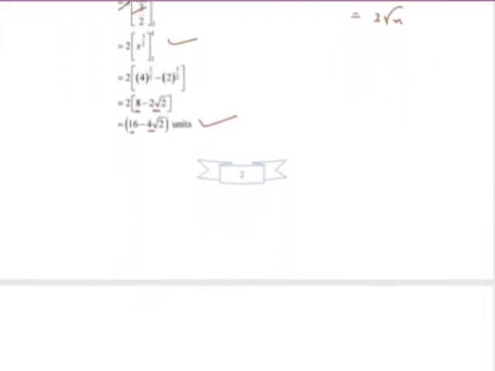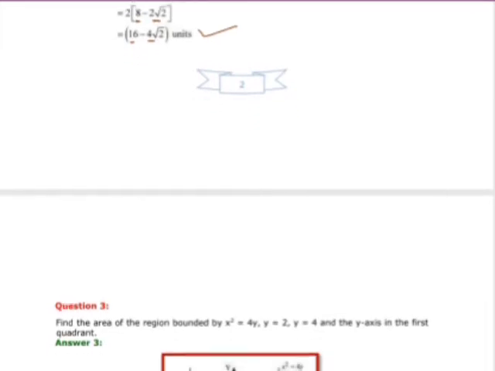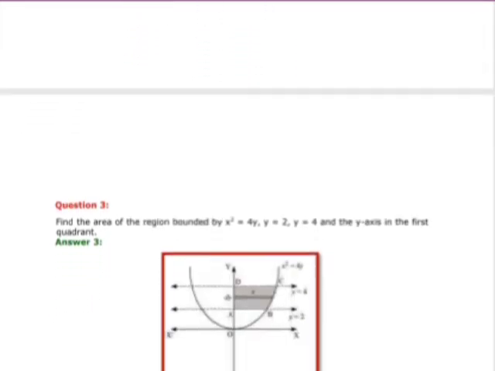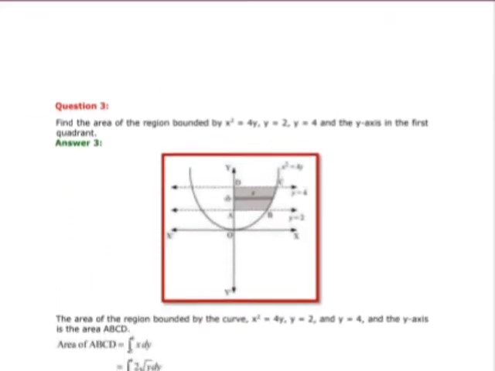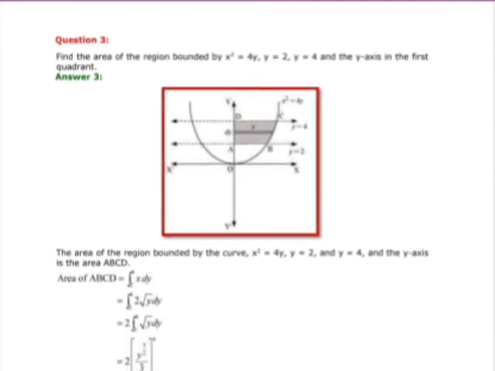Very easy examples, you just have to find the graph first. The application of integrals is nothing but identifying the region only here. The major part is just identifying the region. The rest is nothing but integration and substituting the limits, which you have already studied in integrals.